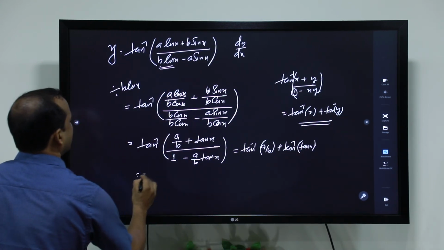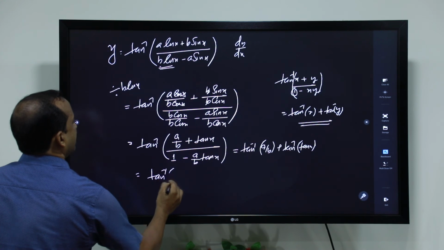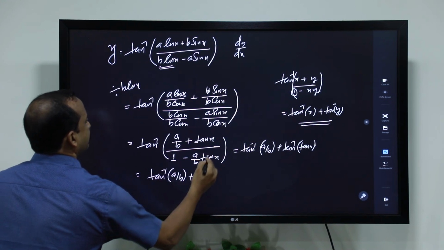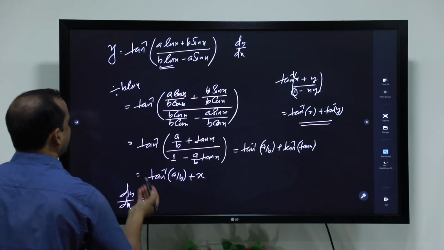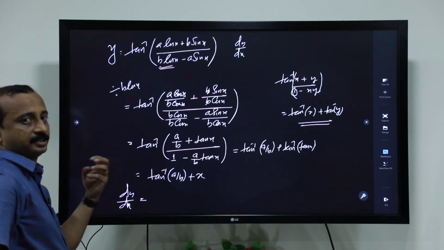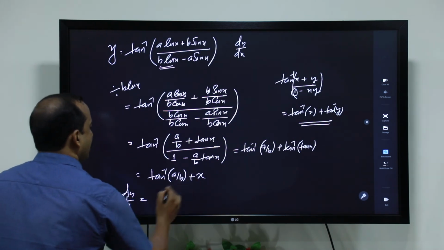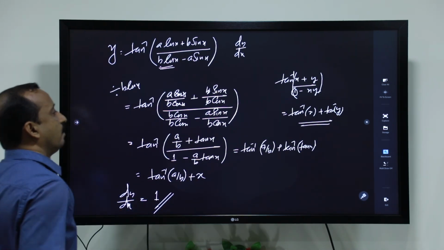Tan inverse tan x is x, and its derivative dy by dx is equal to: the derivative of tan inverse a by b is a constant value, so the derivative becomes 0, and the derivative of x we get 1.